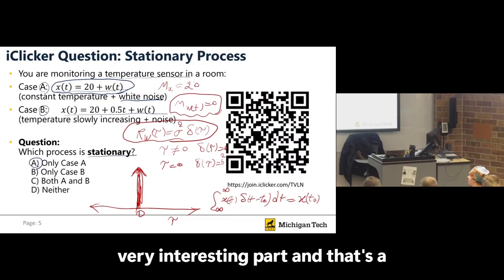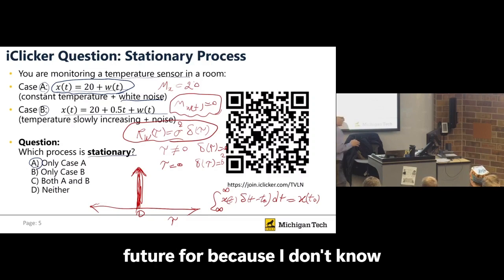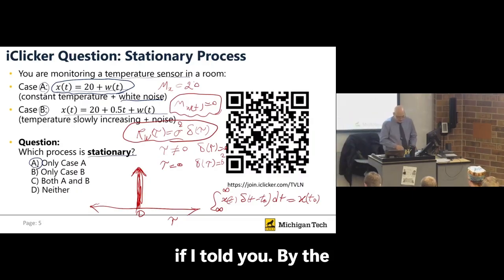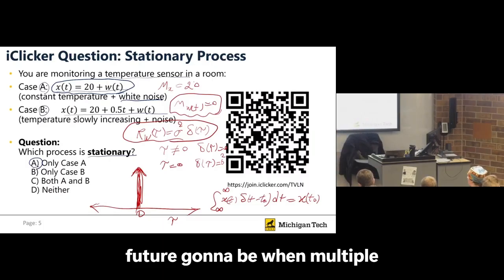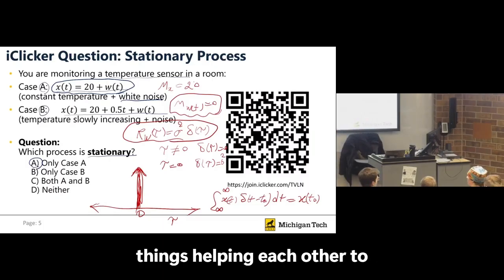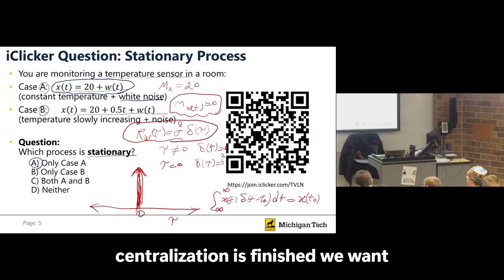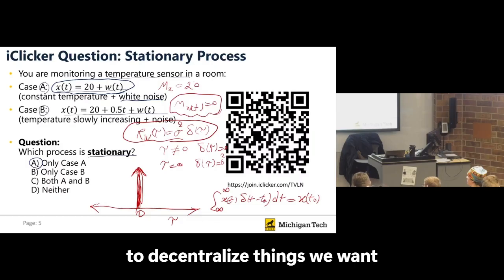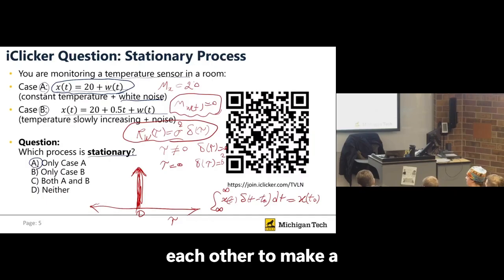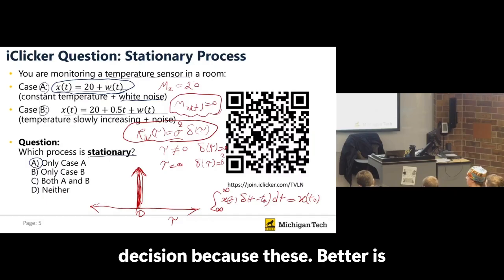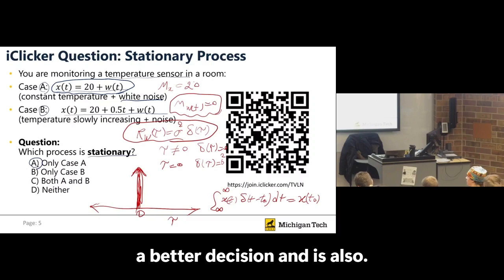That's a very interesting part, and that's the future, because I don't know if I told you guys, the future is going to be multiple things helping each other to do the work. This centralization is finished. We want to decentralize things. We want everything to help each other make a decision, because it's a better decision, and you can also expand it.